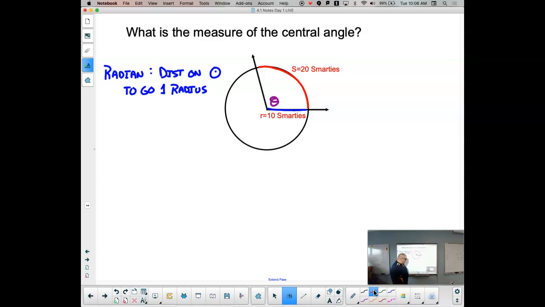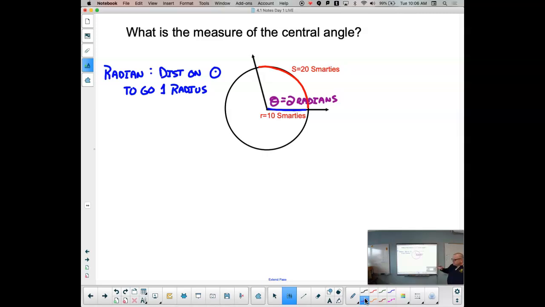Yep. So theta here is 2 radians, because 1 radian would be 10 Smarties on the circle. We went 20, so we went 2 radians, which is approximately 114 degrees.